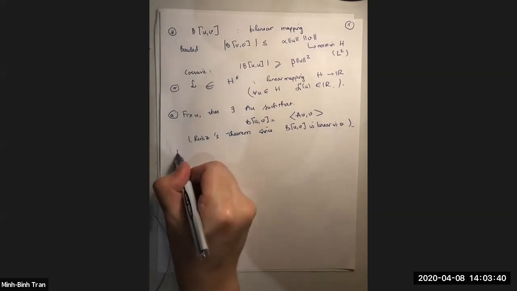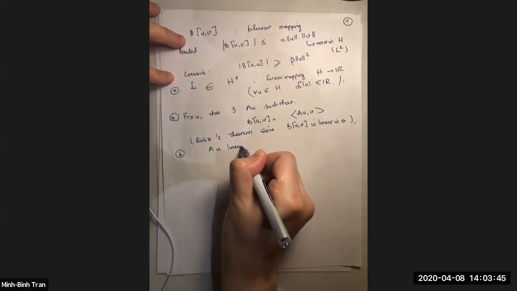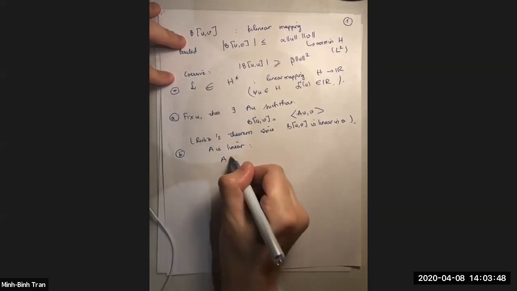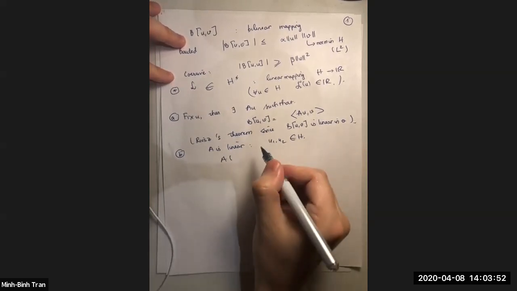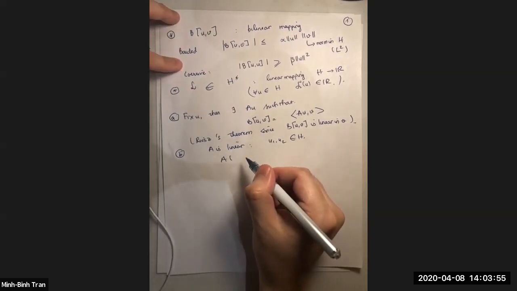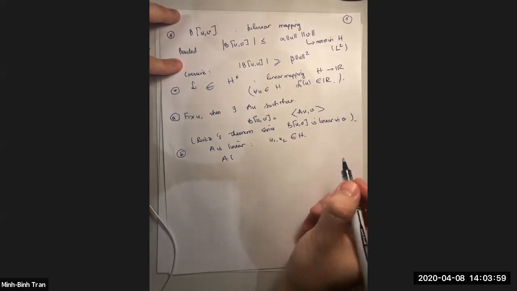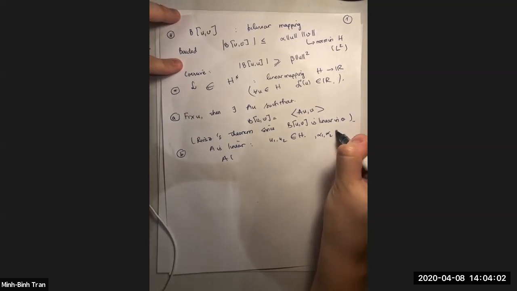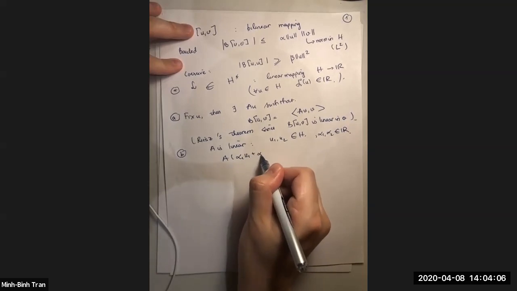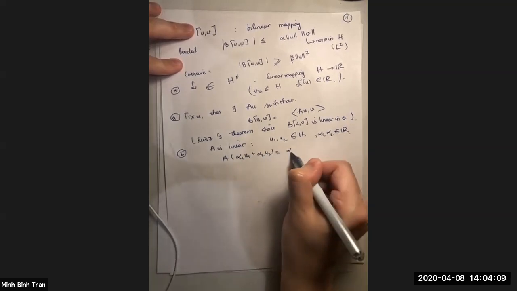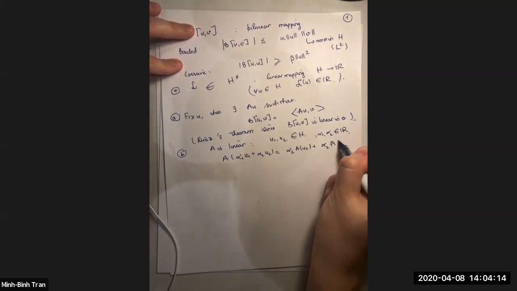The second thing that we prove is that A is linear, in the sense that if you take u1, u2 in H, two vectors in H, and alpha 1, alpha 2 numbers in R, then A(alpha 1 u1 plus alpha 2 u2) is alpha 1 A u1 plus alpha 2 A u2.